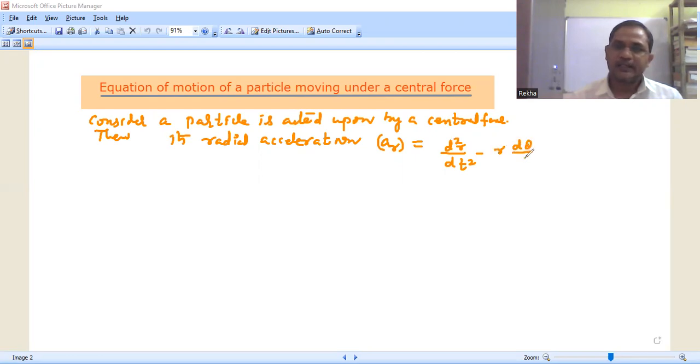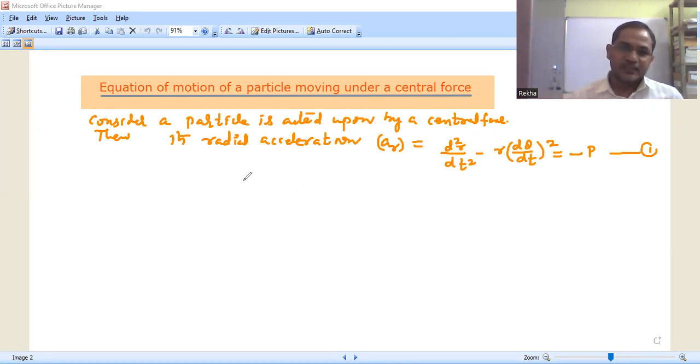That equals to minus p, say equation 1, where minus sign indicates that the acceleration and the r cap are in opposite direction, or the force and r cap are in opposite direction.